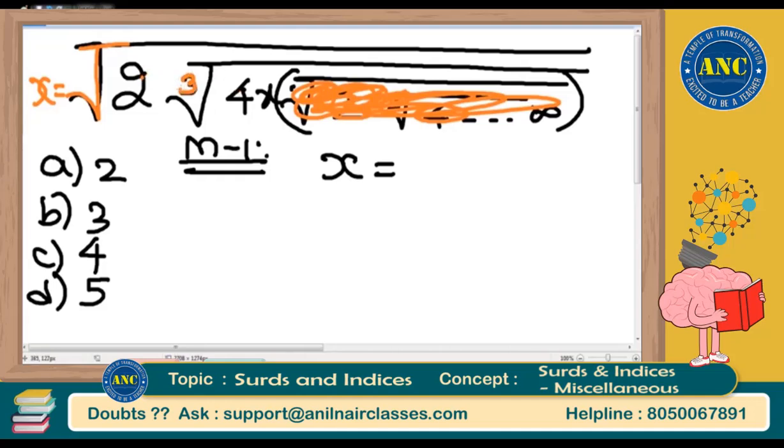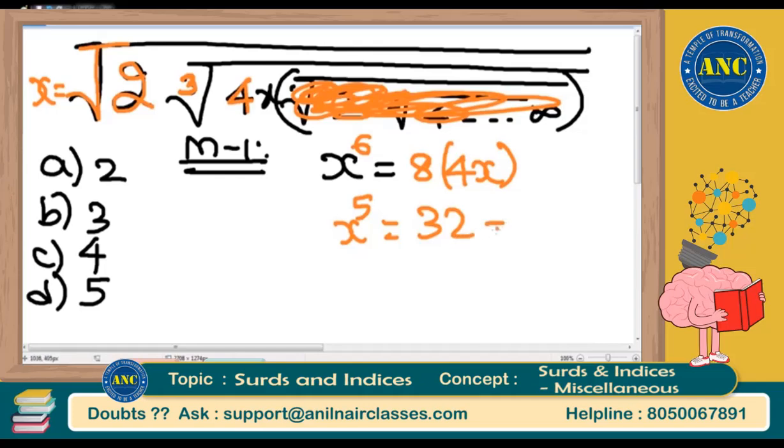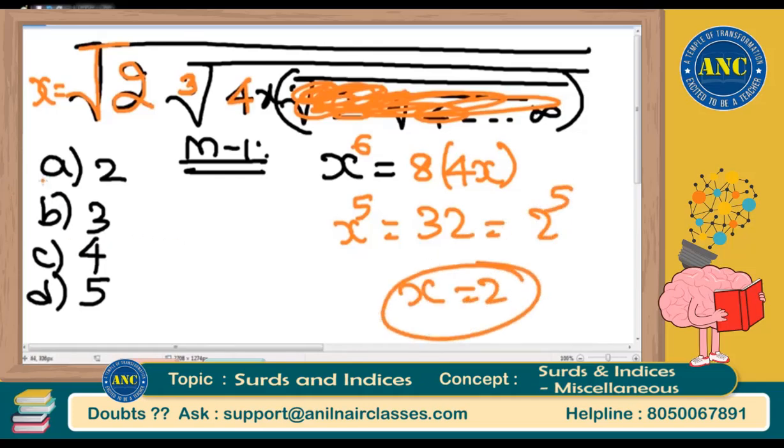If I cube it to cancel this cube root, it becomes x square whole cube, x power 6. Now 2 is squared, but when I cube it, 2 cube becomes 8. You should be straightforward in saying the answer, and this 4x will be written as it is at the last step. x power 5 is equal to 32, which is 2 power 5. x is equal to 2. That is my answer.